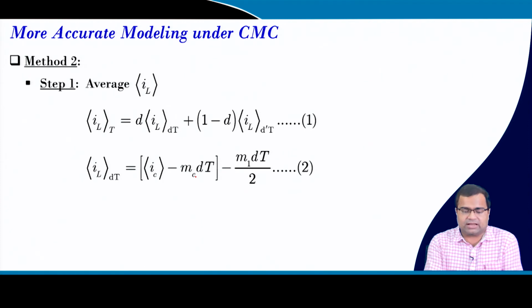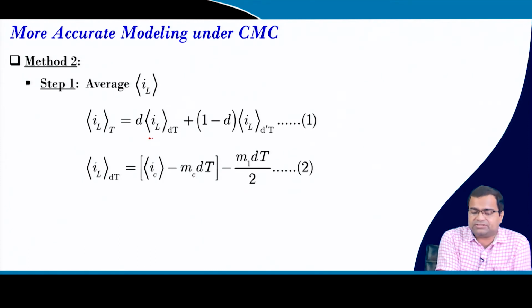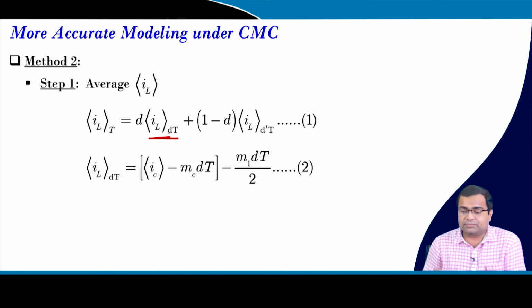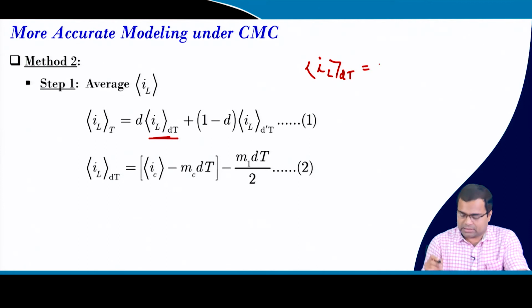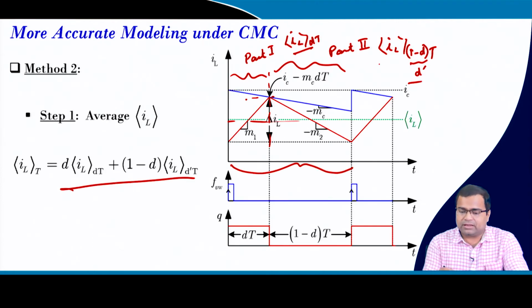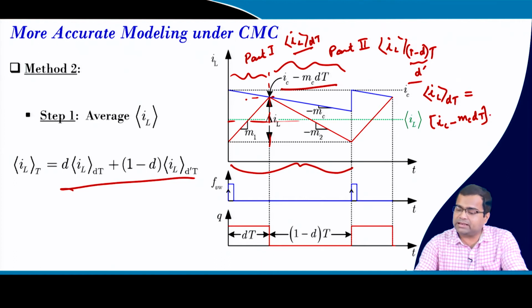Then we substitute that equation. What is IL average during dT time? If you go back to the waveform, in this interval IL average during dT time is nothing but this value, that means IC minus Mc dT minus delta IL by 2, which is nothing but M1 dT by 2.